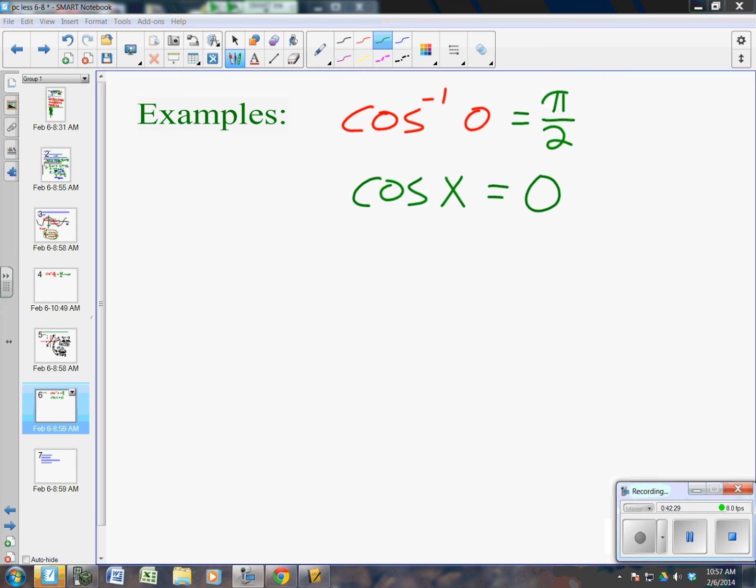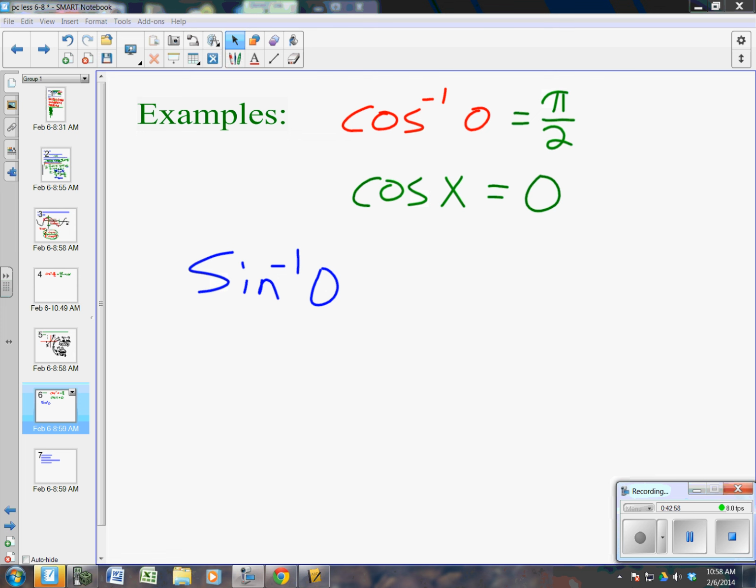Okay, next question. The sine inverse of 0. When your group knows the answer, raise your hand. Okay, what's the answer? 0 or 2 pi? Is 2 pi a workable answer?